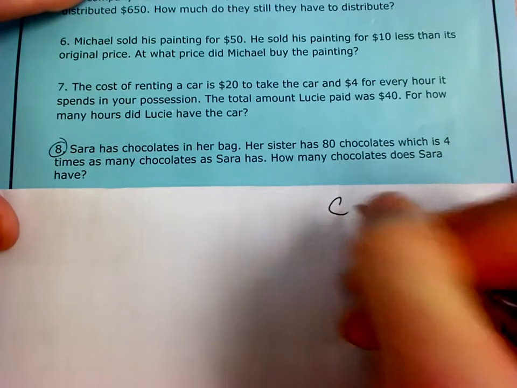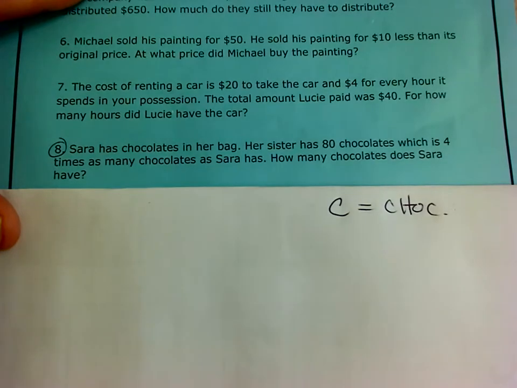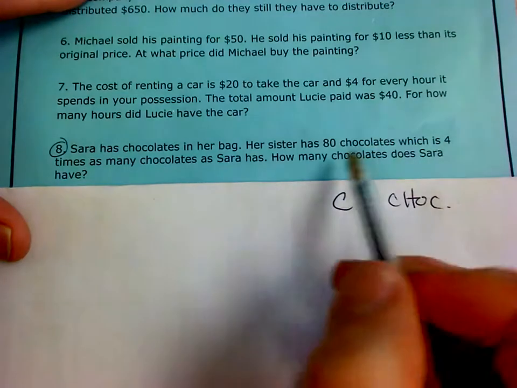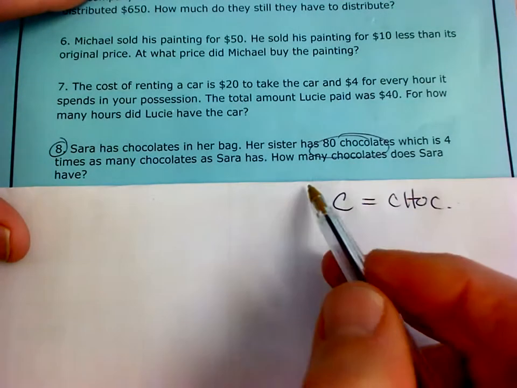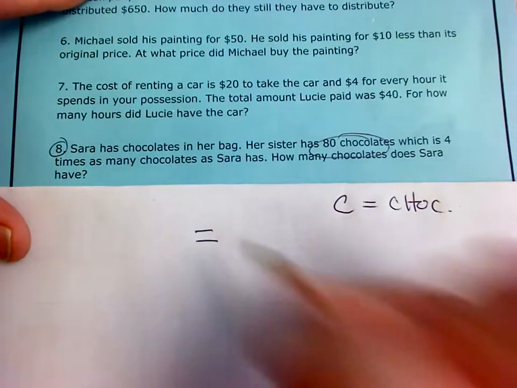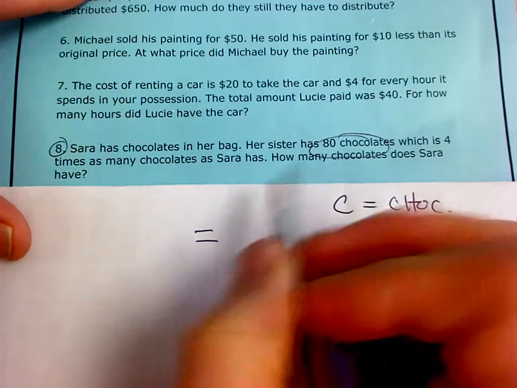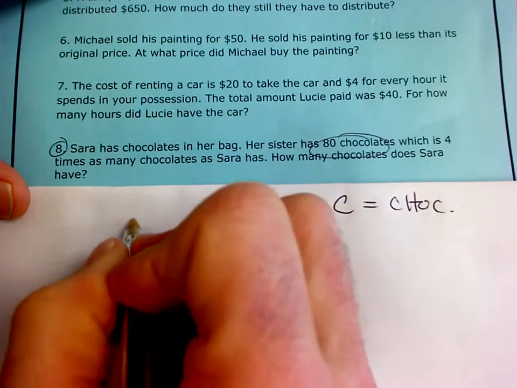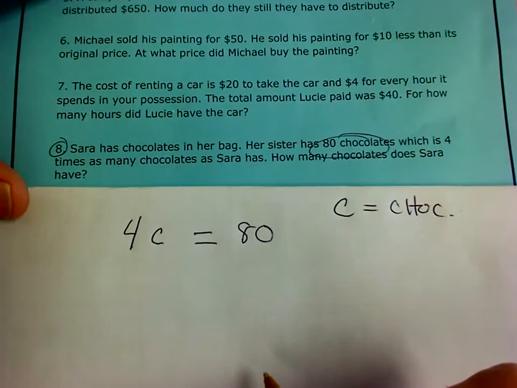We'll just go C for chocolates. That's the variable we're going to use, and we need an answer. It looks like 80 is probably going to be the best choice for that. Her sister has 80 chocolates, so here's my equal sign. If we're going to build the equation, we need the answer, so we're going to go with 80 as our answer. Now our other number is 4, and we have C as our variable.